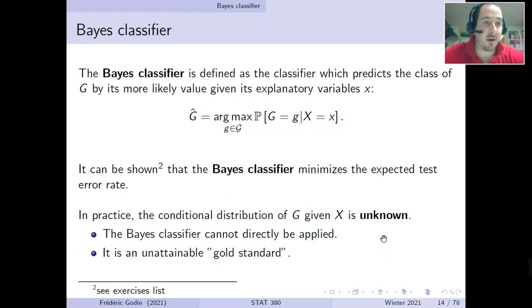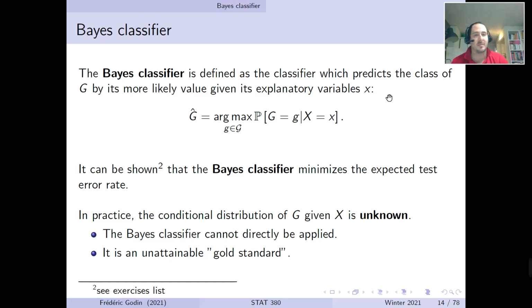Okay, so now we have to discuss some possible classifiers. The first one we will discuss is a theoretical one because in practice it cannot be applied, but we nevertheless have to discuss it because it will be a benchmark for many experiments we could make. The Bayes classifier is defined as the classifier which predicts the class G of an observation by its most likely value given its explanatory variables.